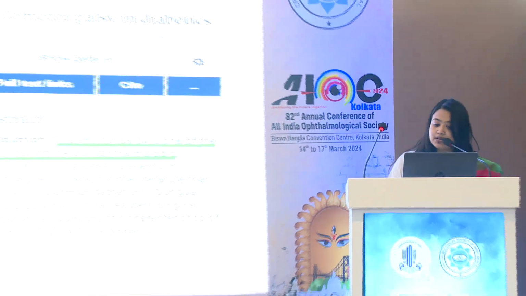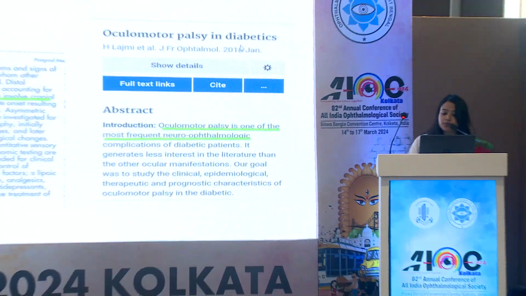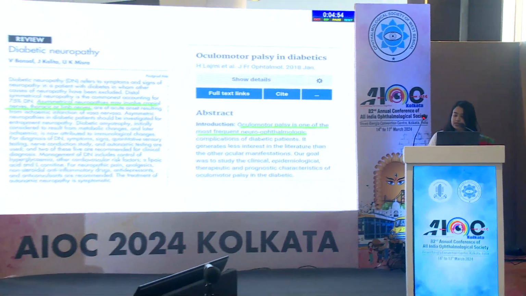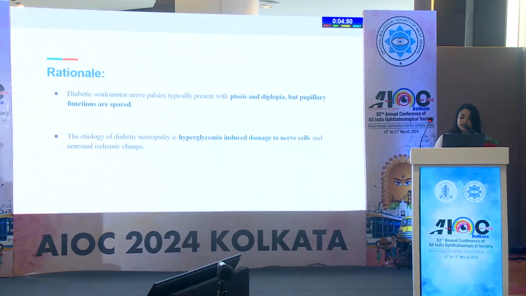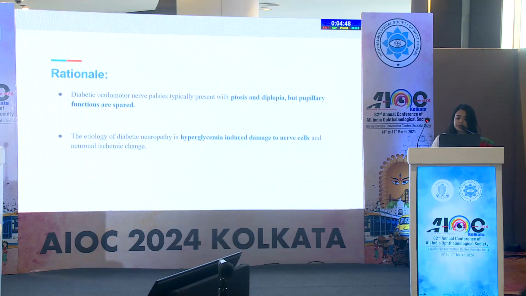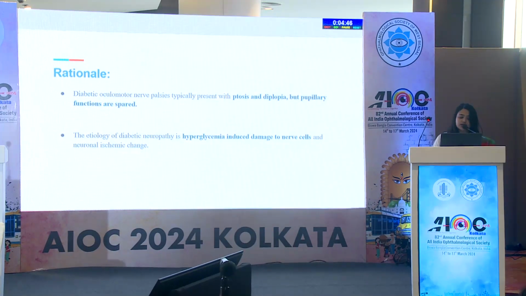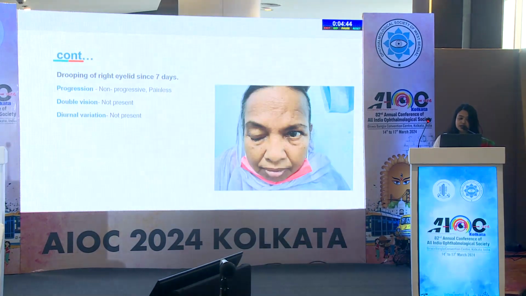So if I were to talk about the complications of diabetes, diabetic neuropathy is one of the most common complications, and among them, oculomotor palsy is one of the most frequent neuro-ophthalmic manifestations. So what is the etiology behind the oculomotor palsy? It is hyperglycemia-induced damage to the nerve cells, resulting in neural and ischemic change.